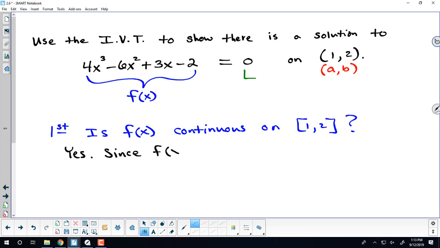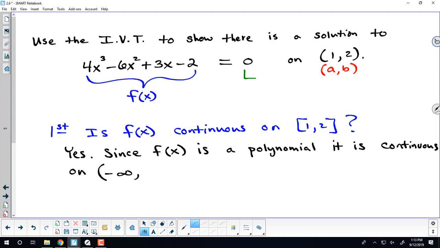Since f of x is a polynomial, it is continuous. It is continuous on its domain, negative infinity to infinity, and therefore it's certainly continuous on a subset of its domain.